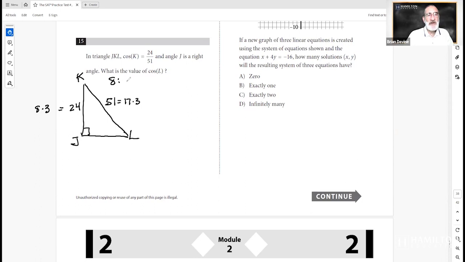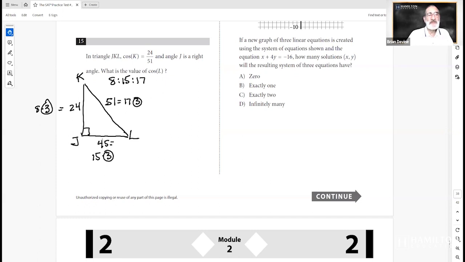And 8, something, 17, well, the middle would be 15, because 8 squared plus 15 squared equals 17 squared, or 17 squared minus 8 squared. So this has got to be 45, because that is equal to 15 times 3. So all we did was take an 8, 15, 17 and multiply it by 3.